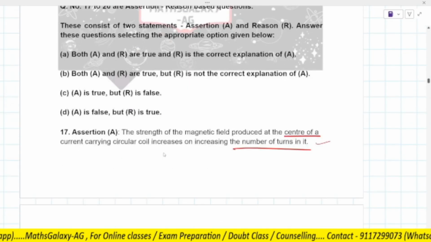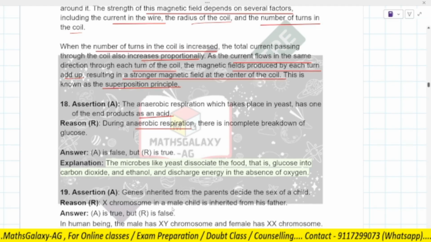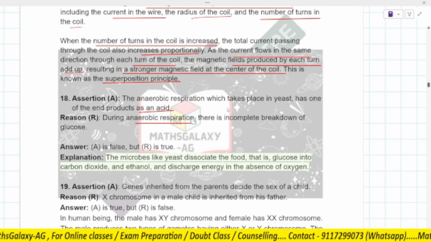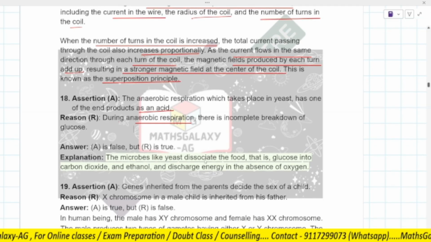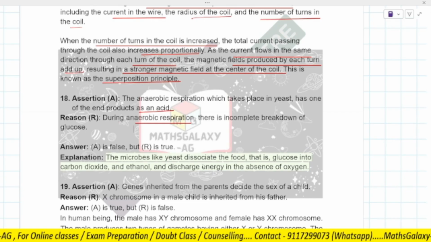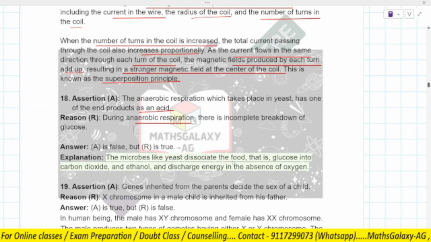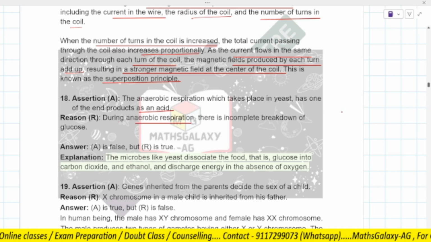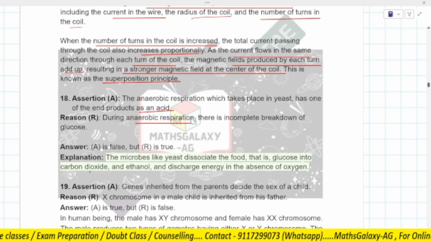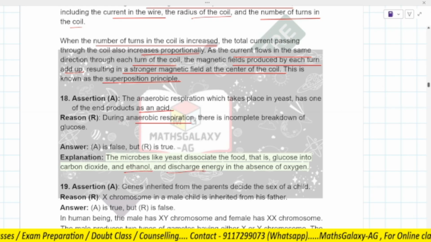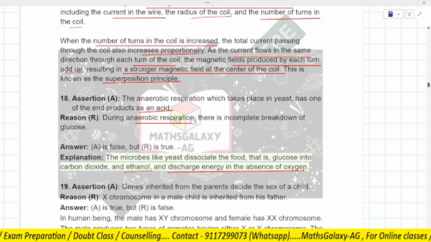Let's see the explanation. The microbes like yeast dissociate the food, this is glucose, into carbon dioxide and ethanol, and discharge energy in the absence of oxygen.